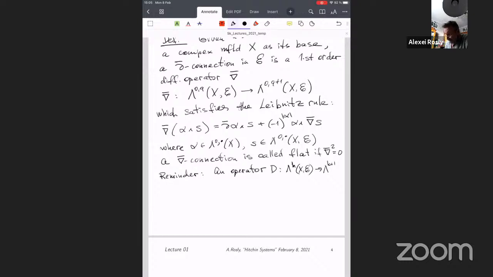So here I mean just forms without separating them into (p,q) type. In particular, what I'm writing now applies also to the case when X is not a complex manifold and there is no notion of (0,q) forms.